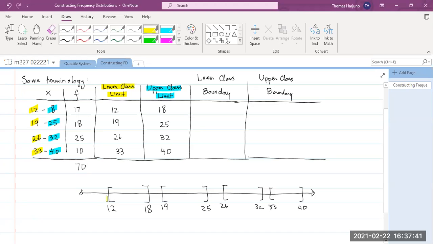Now, the yellow ones are lower class limits. The blue ones are upper class limits. Class boundaries are the numbers that actually separate those limits.